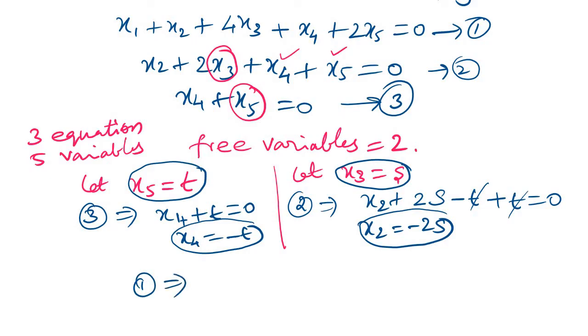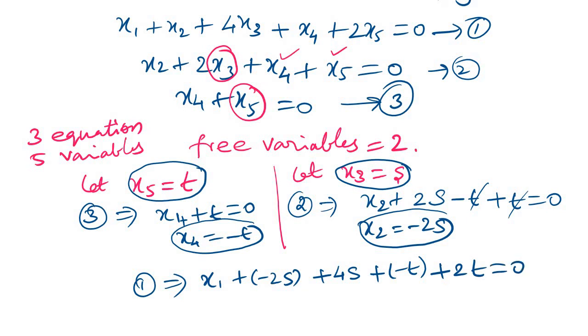From the first equation, substituting all these values, x1 plus x2 that is minus 2s, plus 4x3 that is 4s, plus x4 that is minus t, plus 2x5 equal to 0. Simplifying, we get x1 equal to minus 2s minus t.